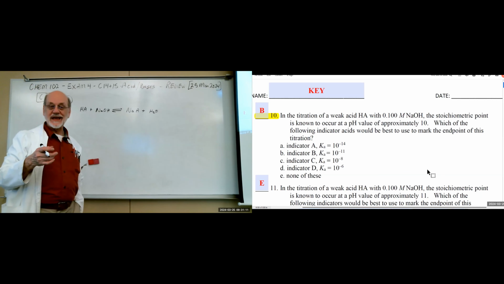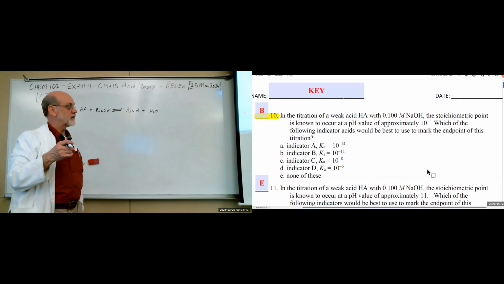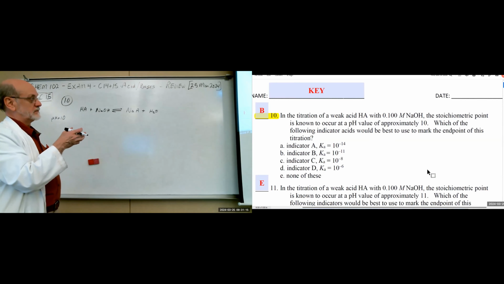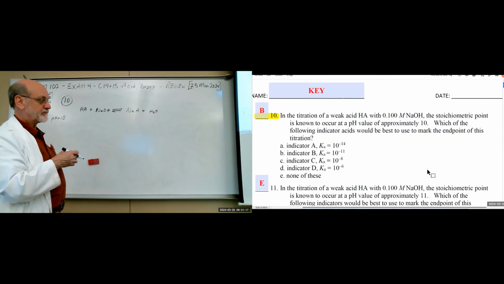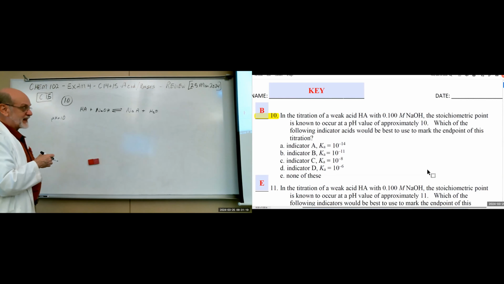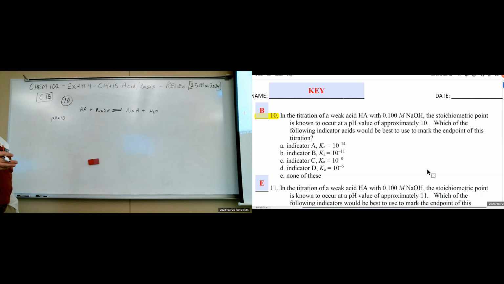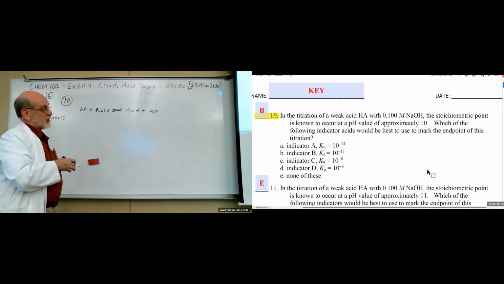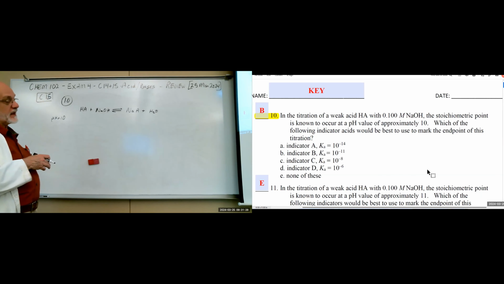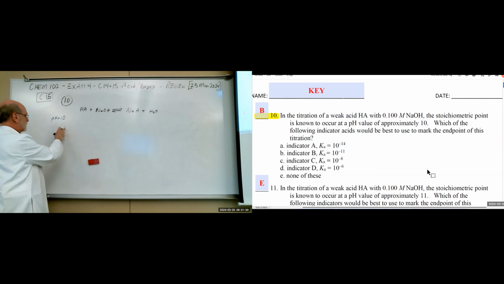Well, all you need is the Ka for the indicator. The Ka will tell you when the color changes. So indicator B looks like the closest one. Right? Indicator B is the closest one to 10.